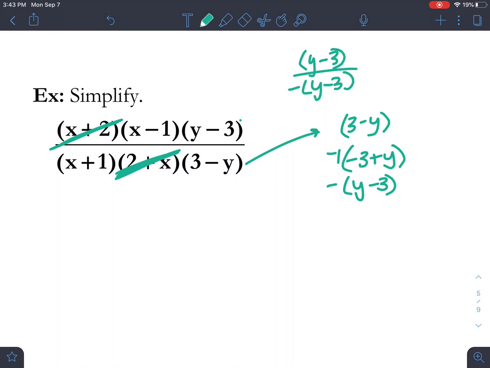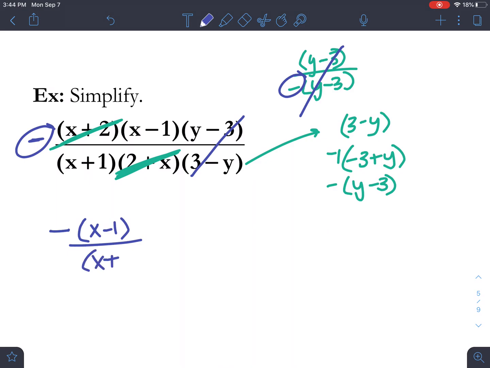So when you see these opposites, okay, y minus 3, 3 minus y, 4 minus x, x minus 4, x minus 2, 2 minus x, these cancel out to be negative 1. So you'll notice I'll put a negative in front and circle it because really that's all that's left here is a negative. So my final answer would be negative x minus 1 over x plus 1.